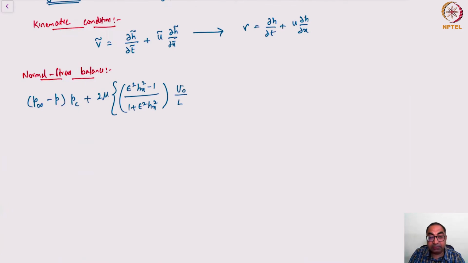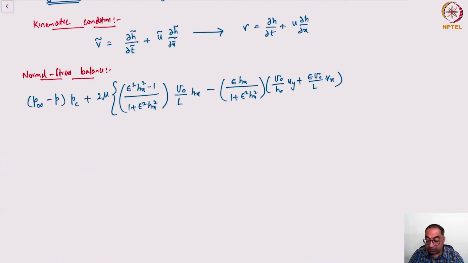Ux becomes u naught by L times hx, and then we have minus hx by 1 plus hx square, that is epsilon hx by 1 plus epsilon square hx square, times uy plus vx. Uy plus vx essentially becomes u naught by h naught into uy. V tilde x tilde essentially becomes epsilon u naught by L into Vx. That's my u tilde y tilde plus V tilde x tilde, that is uy plus Vx.